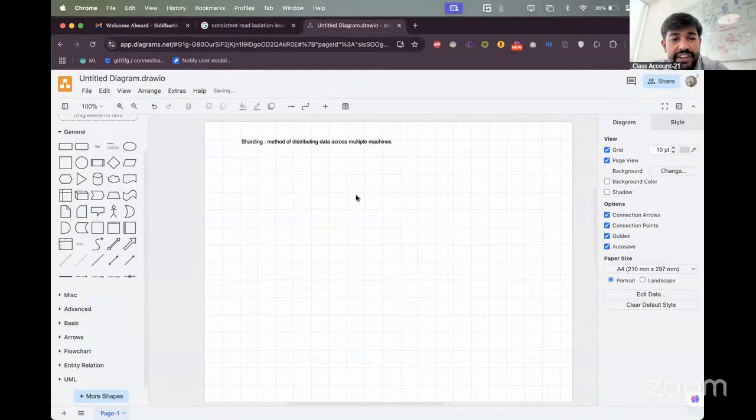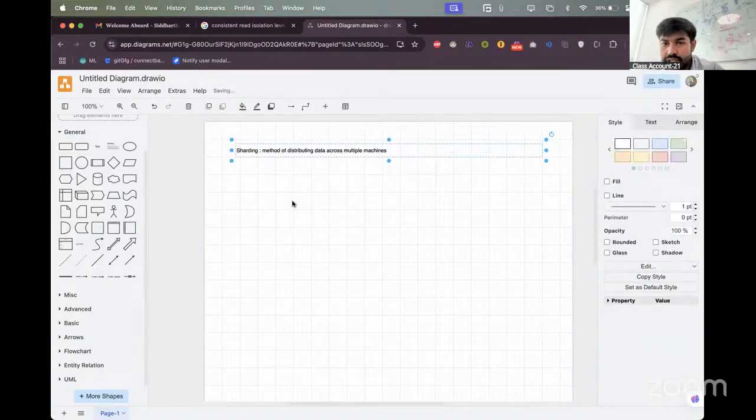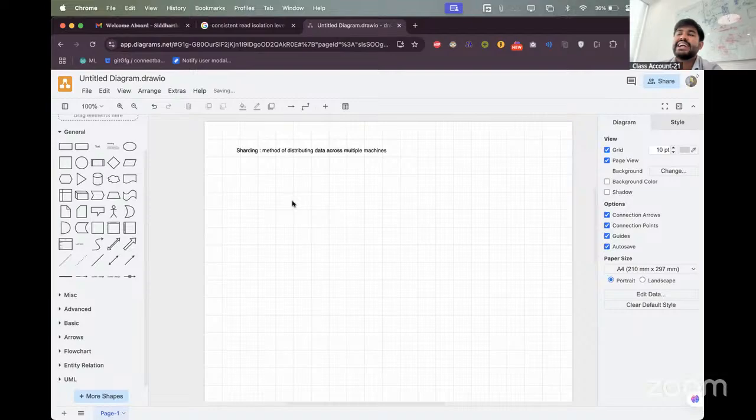So whenever we distribute data across multiple machines, it is known as sharding. Let's say we have 100 users and we are distributing data. From 1 to 50, it would be in this database. From 51 to 100, it would be in this database. That is why we are distributing the load of each of the databases. This is known as sharding.